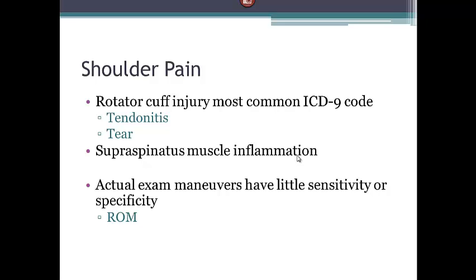Treatment is basically NSAIDs and exercises to strengthen the shoulder. For example, you could tell the patient to lie on the left side and grasp a light dumbbell in the right hand, and with the elbow bent 90 degrees, maintain this position throughout the set, and that should improve.